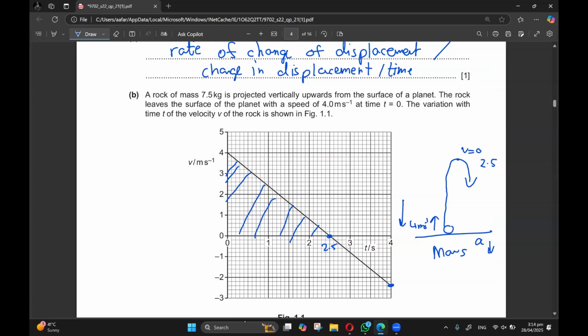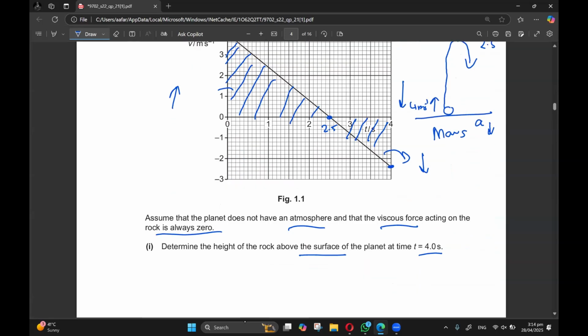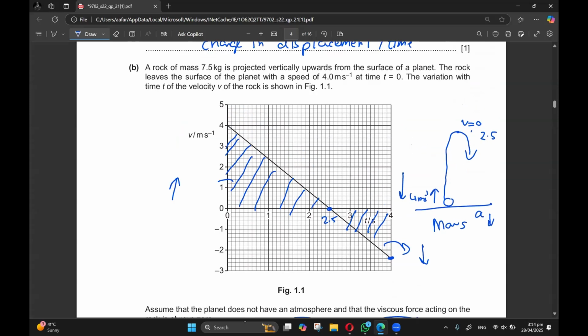This displacement is what it traveled upwards, and this is what it traveled downwards. To find the height at time t equals 4, at this point, we will subtract this height from this height.